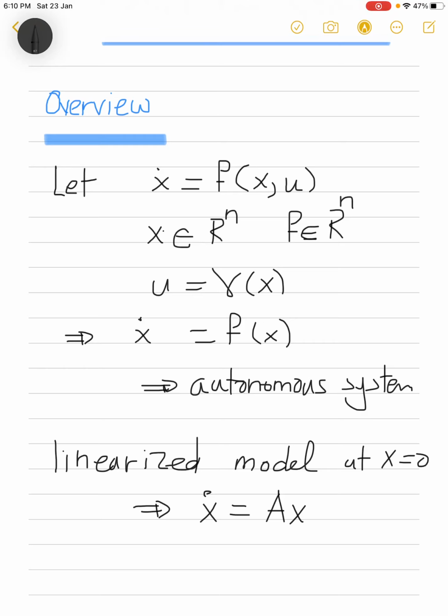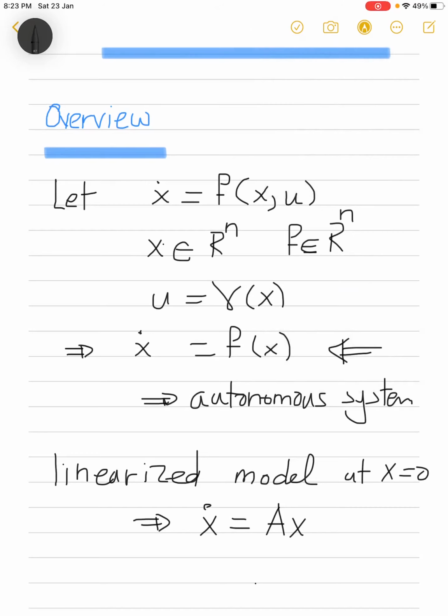Consequently, in the coming video, we'll see how to get from the nonlinear model x dot equals f of x a linearized model in the form x dot equals A times x. And you can generalize what we say about linear systems to the linearized models of a nonlinear system, and of course we will see the limitations of that procedure.